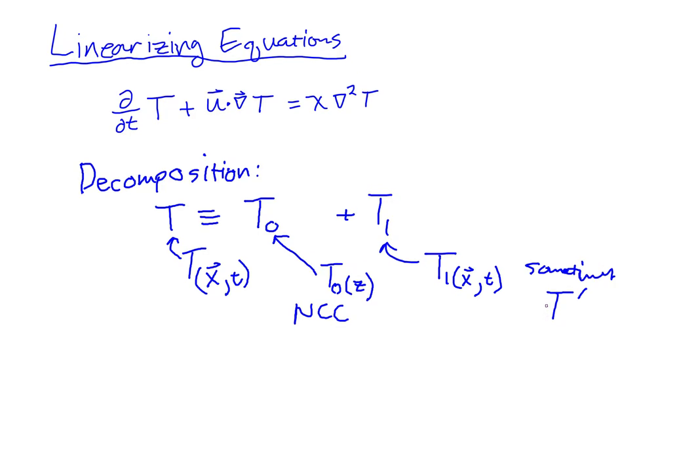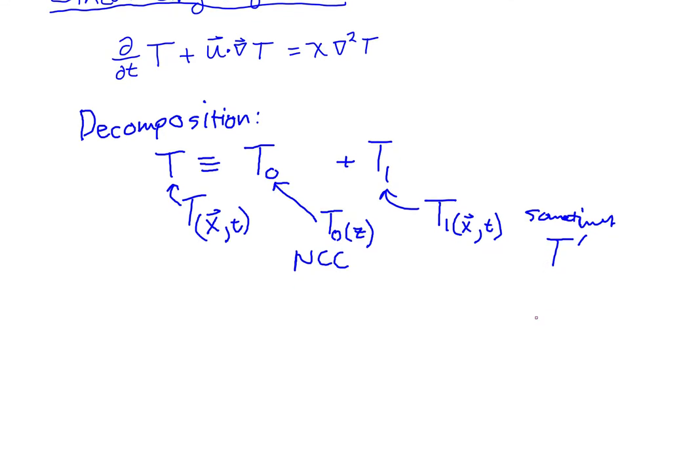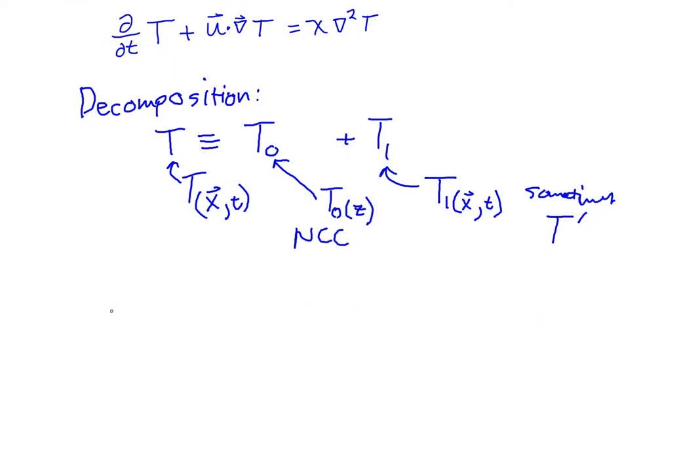Okay, so now let's rewrite our temperature equation in terms of this decomposition. All I'm going to do is introduce this decomposition into the equation: d by dt of T, so that's d by dt of T0 plus T1, plus u dot grad, our advective term, which acts on both T0 and T1.